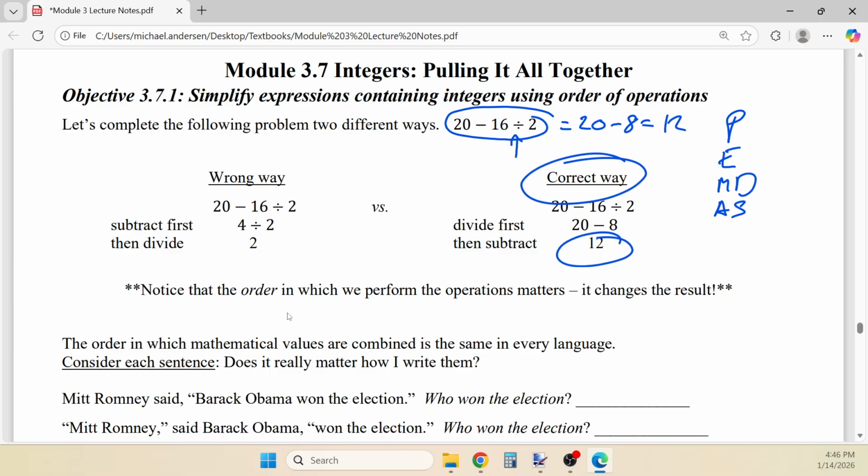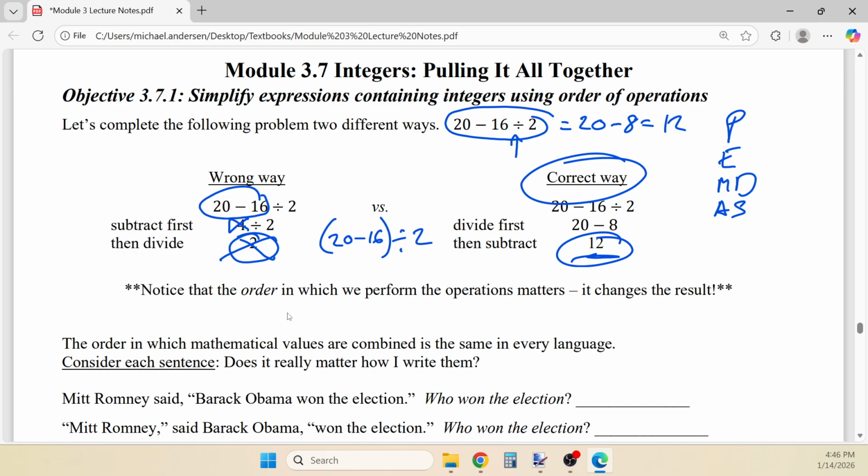On the other hand, if you reverse the order and subtract first, you get 4, which means that you evaluate 2, which is wrong. If we wanted to do the subtraction first, we would write it this way, 20 minus 16 in parentheses to say that that goes first, then divide by 2.